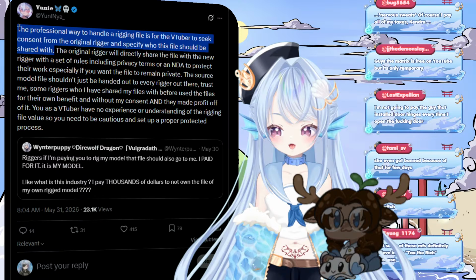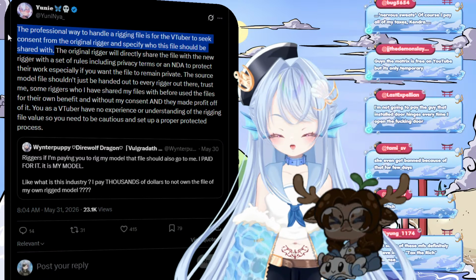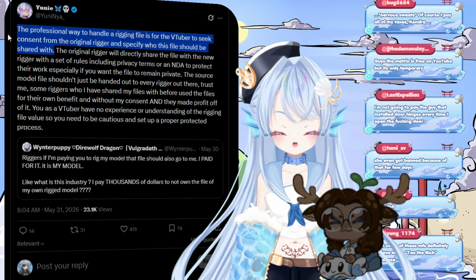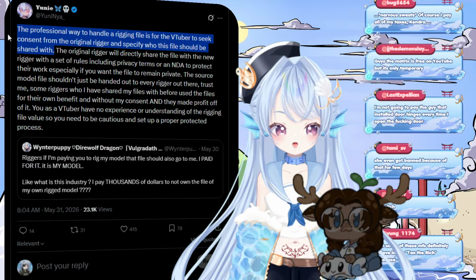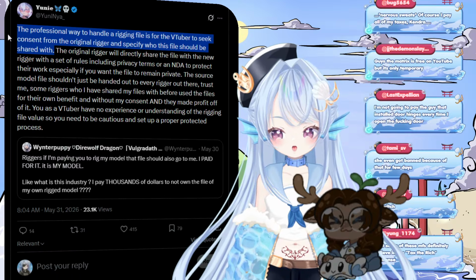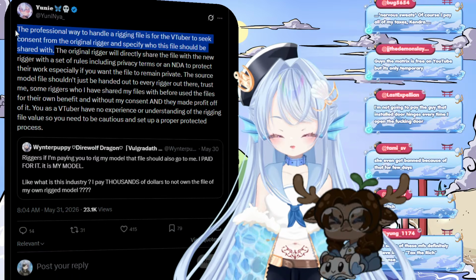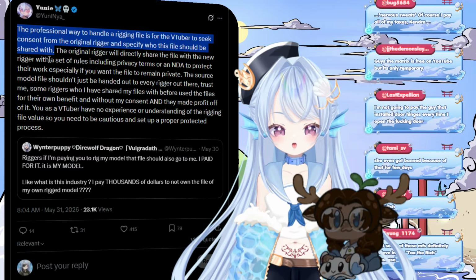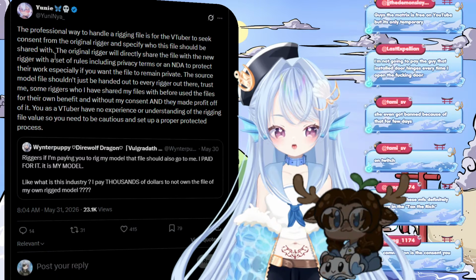Yeah, this particular argument I thought was hella stupid, because the entire argument with the riggers is, I can't give you the file because then another rigger will have access to my secret sauce. And it's like, so your solution is to just talk to you about what rigger specifically to send it to? That doesn't fix the problem.